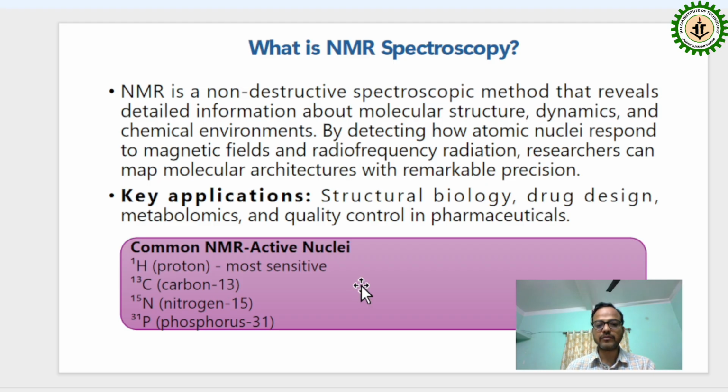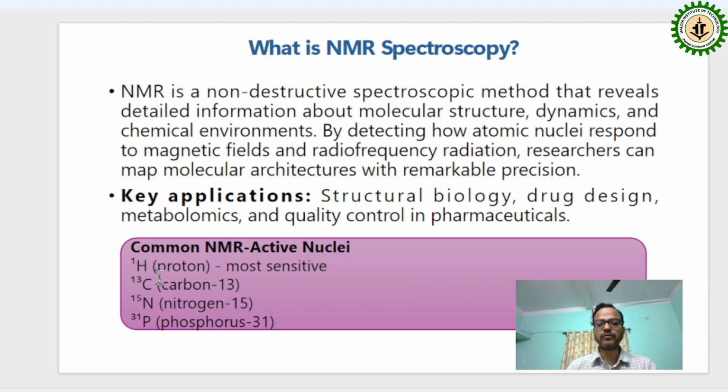But C13, which has 6 protons and 7 neutrons, has an odd mass number, so it will produce a magnetic moment and behave like a bar magnet. Here also N15, P31, though N14 is also an NMR active nucleus.